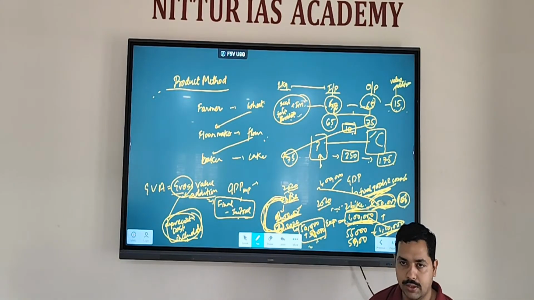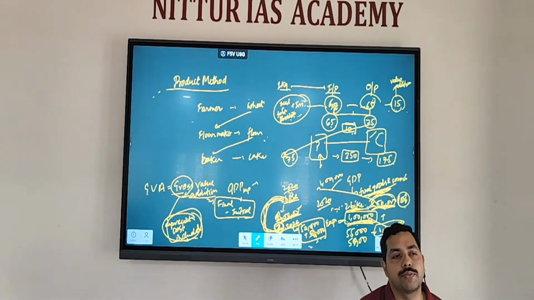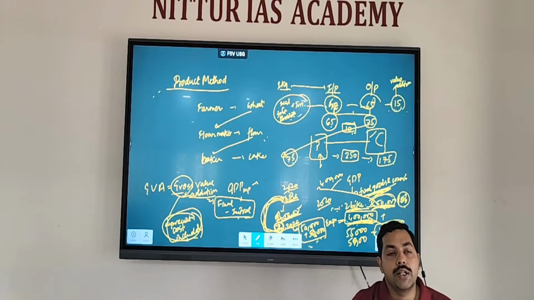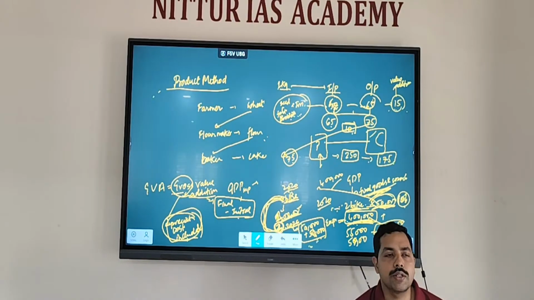Clear? So how do we arrive at whether an industry is performing good or bad? Based on nothing but value addition. If industries are adding more value, then that industry is performing in a good manner. If they are not adding more value, then the industry is performing in a bad manner.